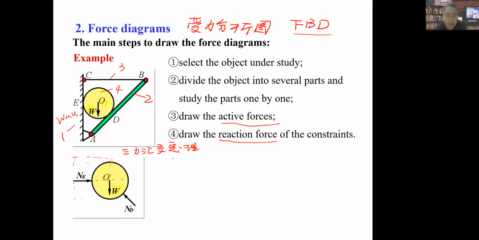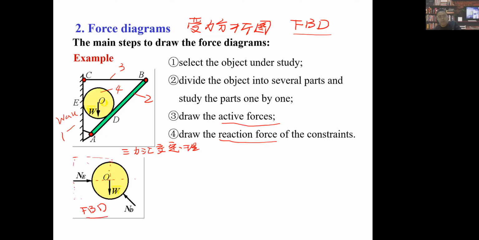Do you guys still remember that? So that's how we use these 4 steps to do one force analysis. So actually for this ball, this force diagram, we call that FBD, free body diagram.